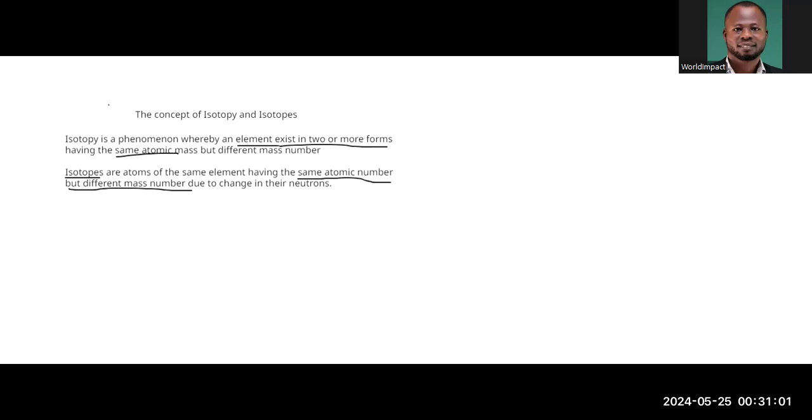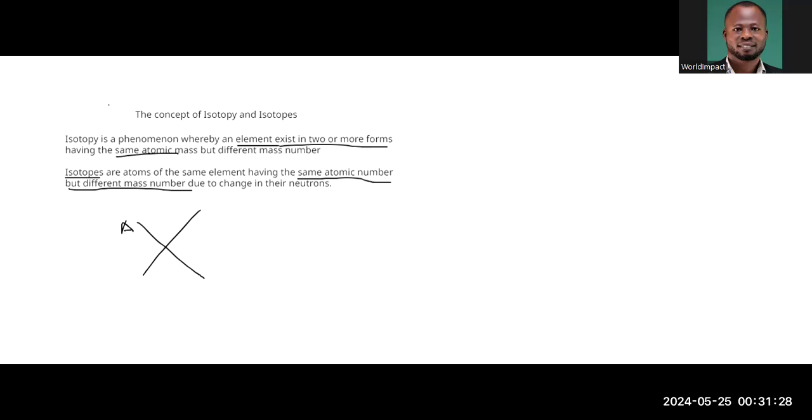One unique thing about this is that I'm going to be using these symbols to represent how we write the symbols of isotopes. I have X here, and then capital letter A written at the upper left-hand side as a superscript.